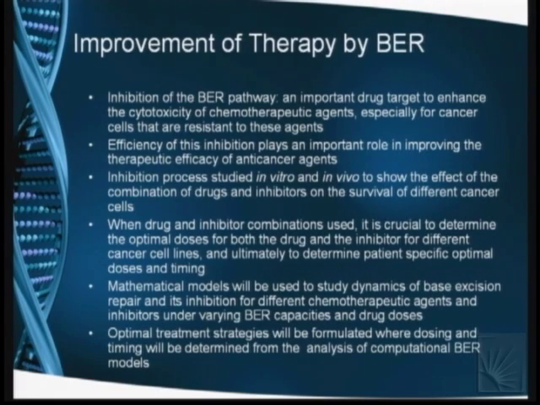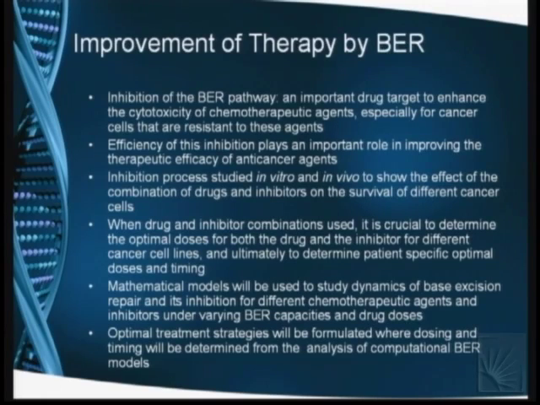In this kind of treatment strategy, you actually want to find the dose of the original drug and the dose of the methoxamine that is the inhibitor for this repair pathway, and also the timing, how to apply the combined treatment. And through the use of mathematical models, you can actually look at the dynamics of the BER pathway without the treatment and its efficiency and its capacity.